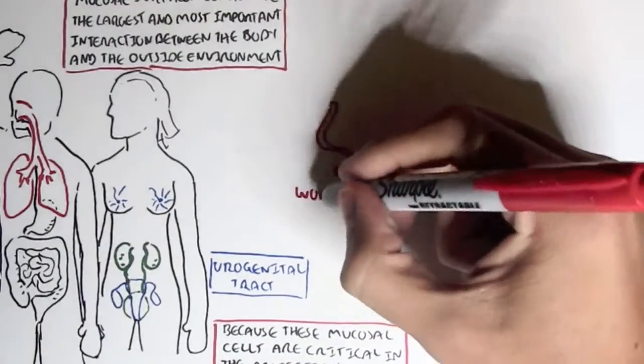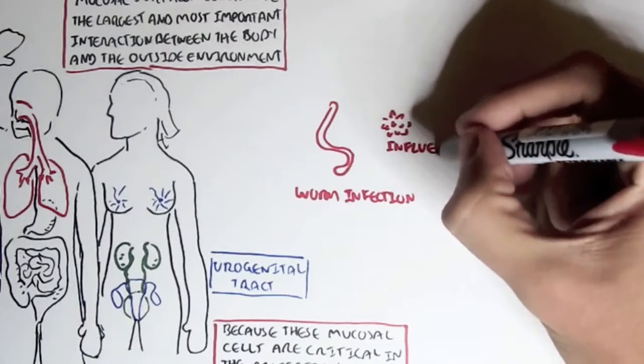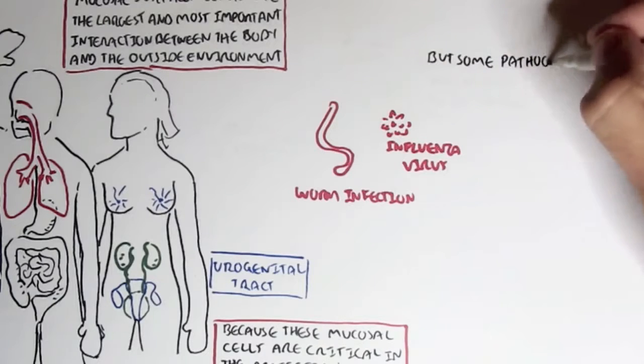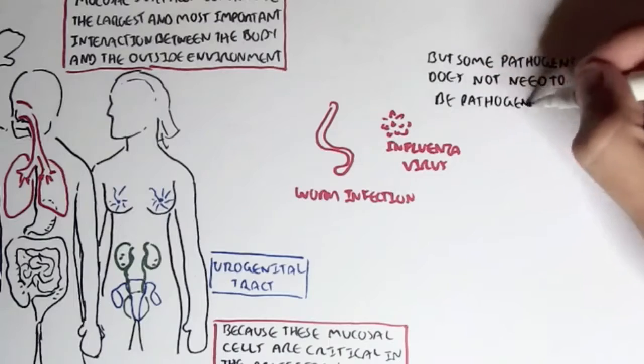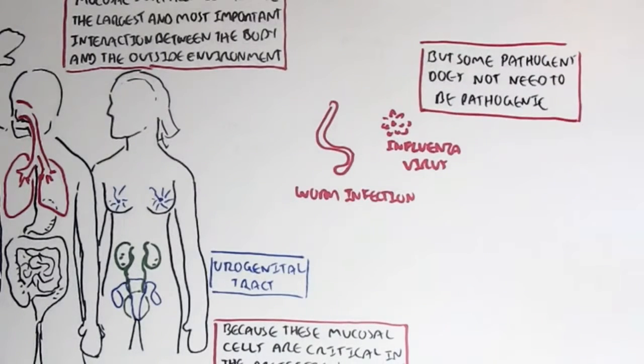Mucosal surfaces, as mentioned, are continuously exposed to pathogens and so are prone to infections. Within the gastrointestinal tract, you can have worm infection, and within the respiratory tract, we can have viruses, which cause flu.